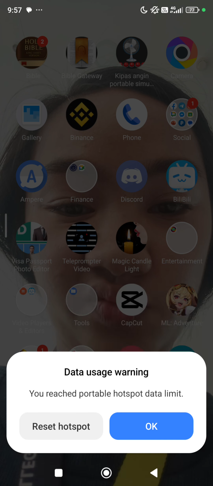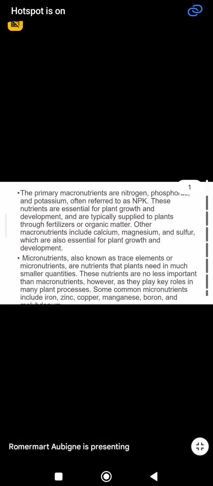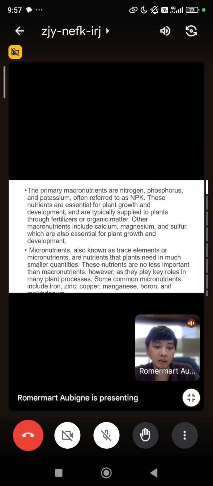So micronutrients are also known as trace elements or trace minerals. Micronutrients are nutrients that plants need in much smaller quantities. These nutrients are no less important than macronutrients, as they play key roles in many plant processes.